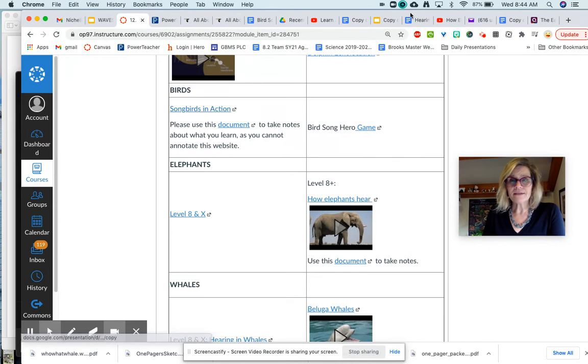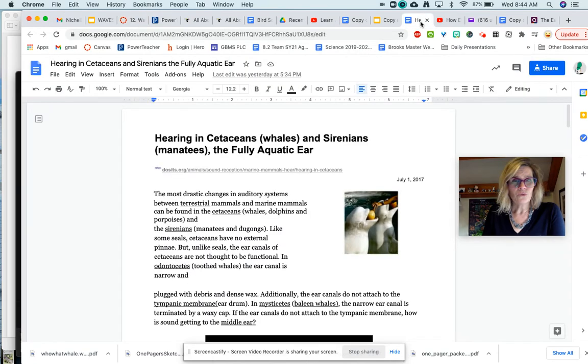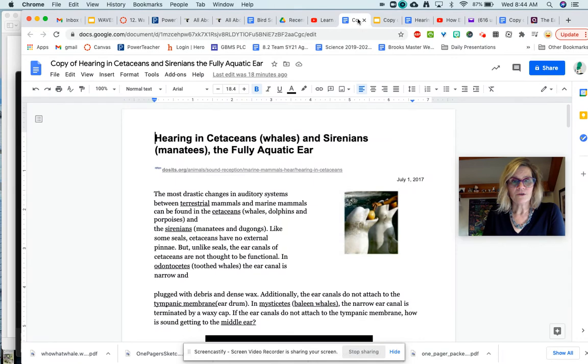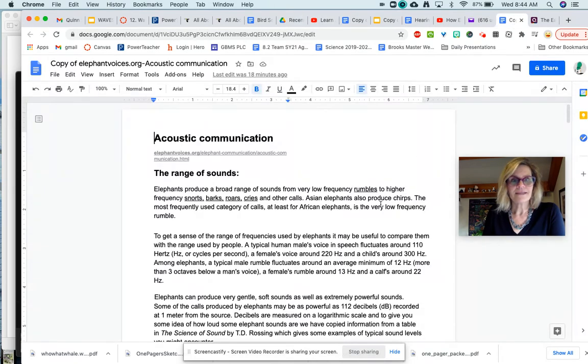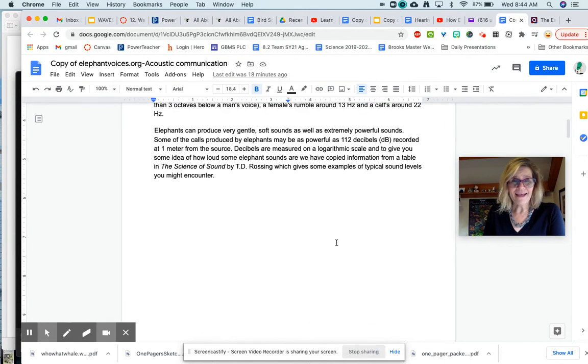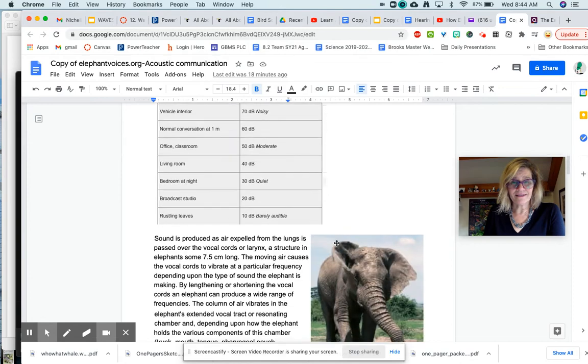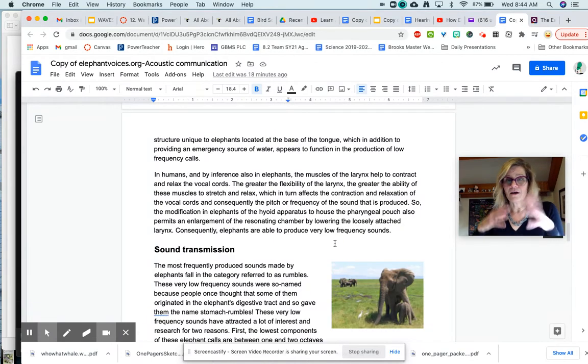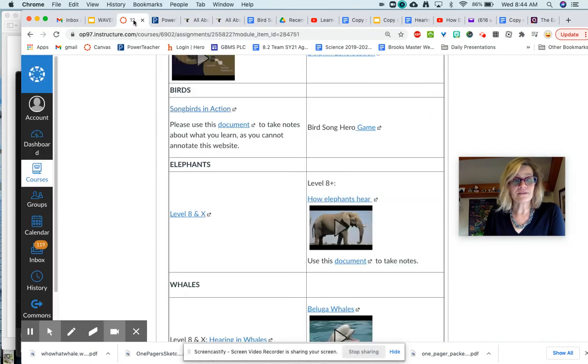Level 8 and X, you are going to read about how elephants communicate, and it's amazing how they create sound and how they hear sound. They feel it with their feet too. So that's really, really interesting as well if you love elephants.